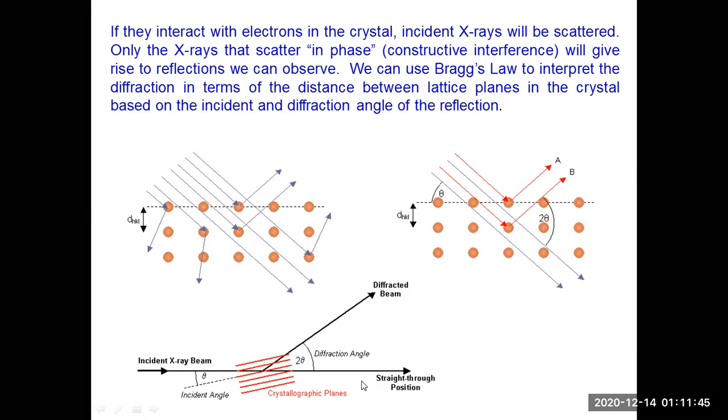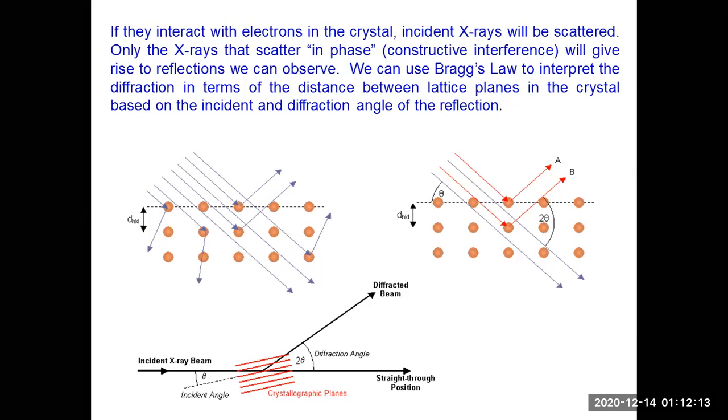Now I think you have some idea regarding how these planes are formed, and the distance between two consecutive planes is given by DHKL, which indicates the interplanar spacing between any two consecutive crystal planes. I think you got the exact concept of the planes.